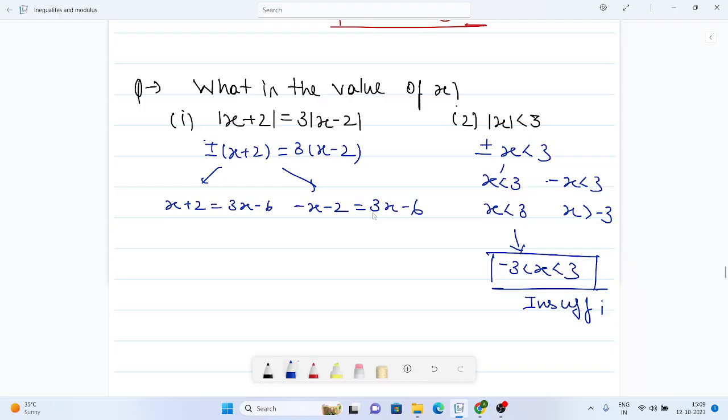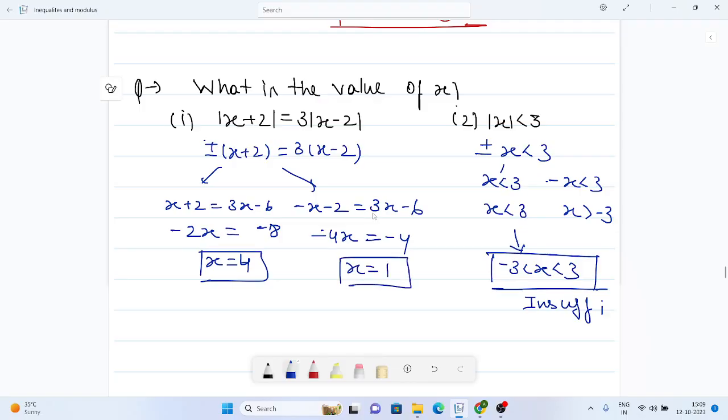So from here I got minus 2x equal to minus 8, or x equal to 4. And if I solve this, I get minus 4x equal to minus 4, so I get x equal to 1. So this also gives two values, so it is also alone insufficient.